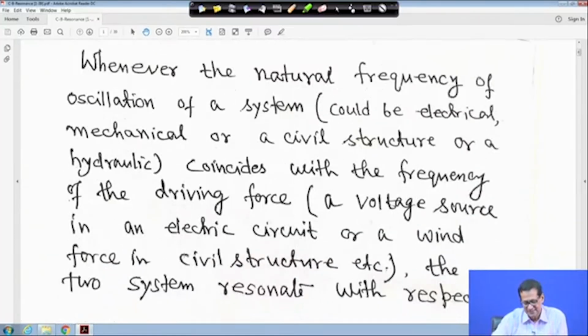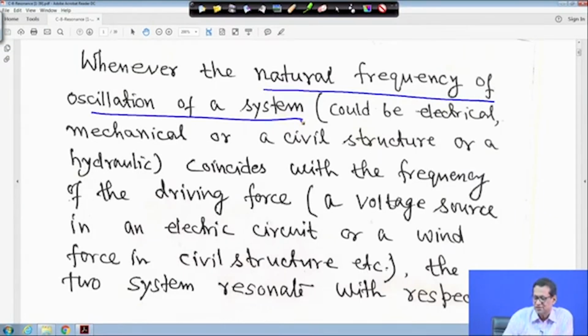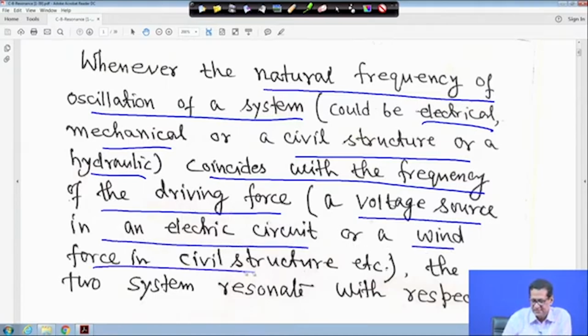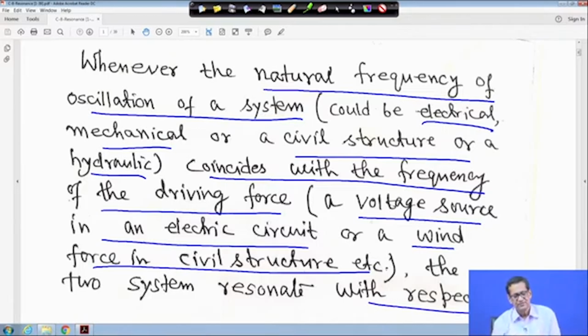Now this is one general thing: whenever the natural frequency of oscillation of a system, which could be electrical, mechanical, a civil structure or hydraulic, coincides with the frequency of the driving force, such as a voltage source in an electric circuit or a wind force in a civil structure, the two systems resonate with respect to each other.